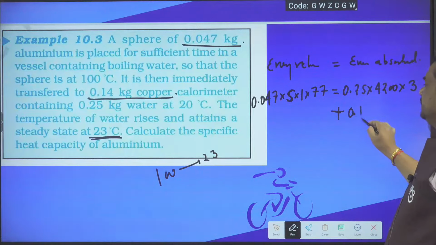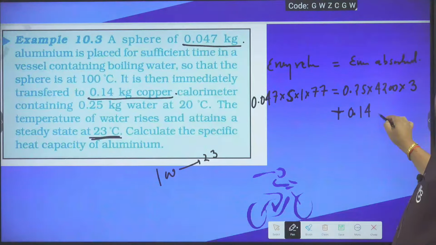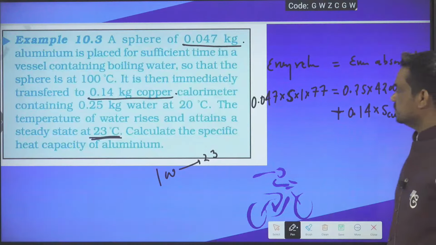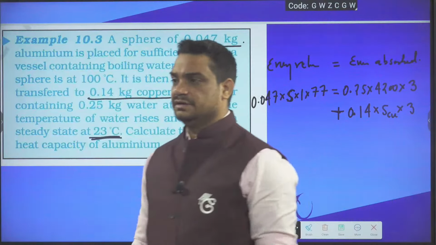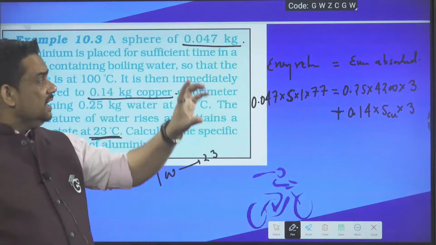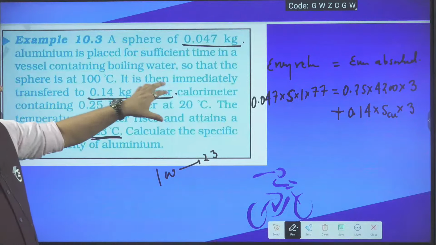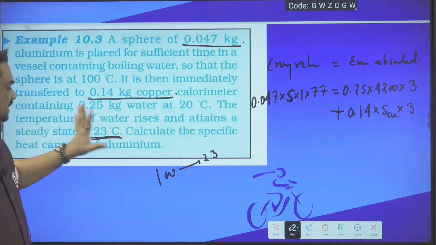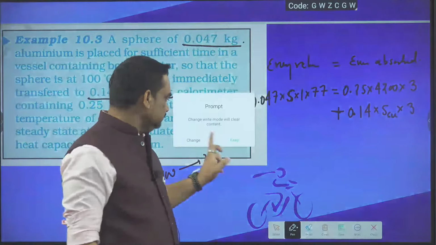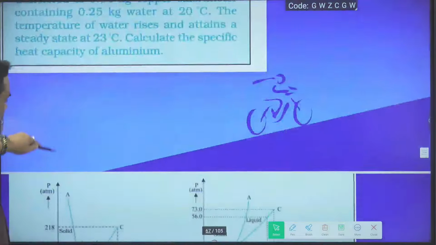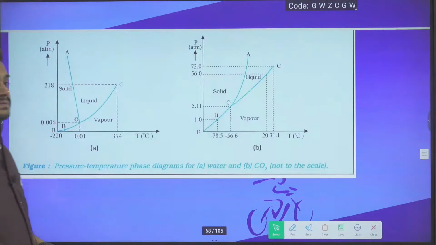So 0.14, and the specific heat of copper will be given to you, and then delta theta 3 here also, and then we can do the calculation. Energy released by aluminium, copper plus water will absorb the energy. These are the two graphs you remember.